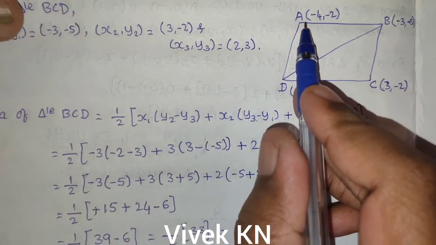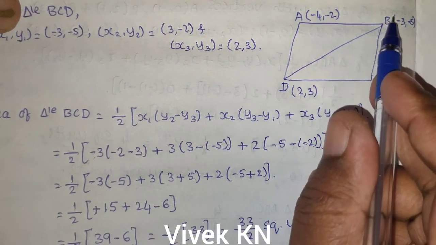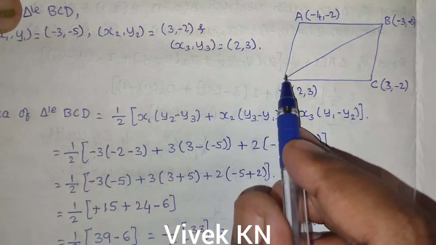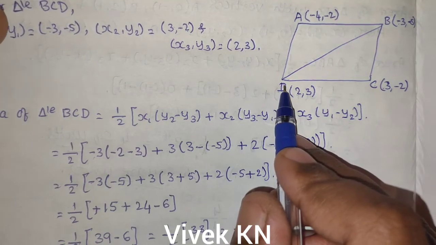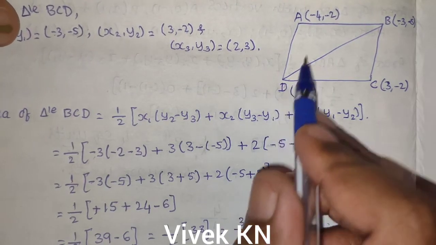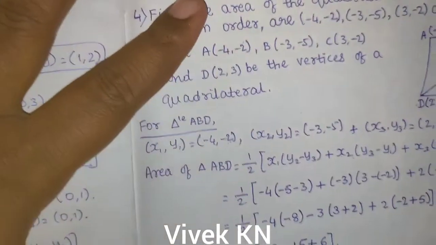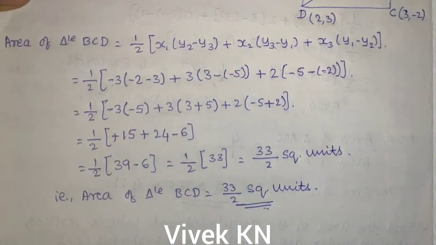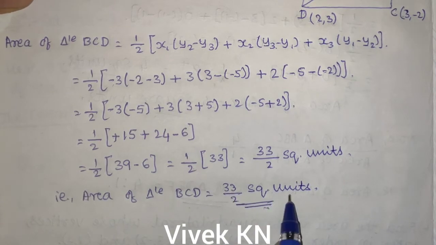By knowing the area of triangle ABD and area of triangle BCD, we can easily calculate the area of quadrilateral ABCD. Now we have already calculated the area of triangle ABD, that is 23 by 2 square units, and the area of the triangle BCD is 33 by 2 square units.